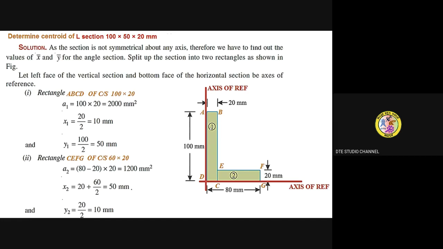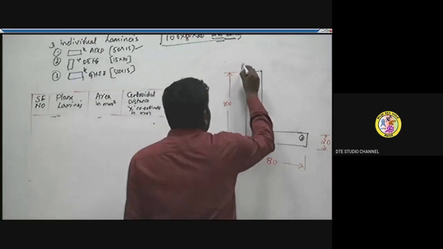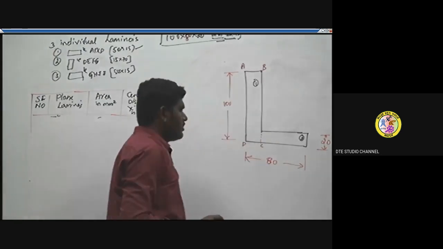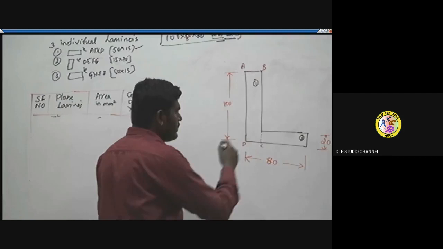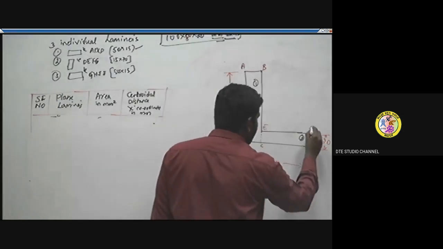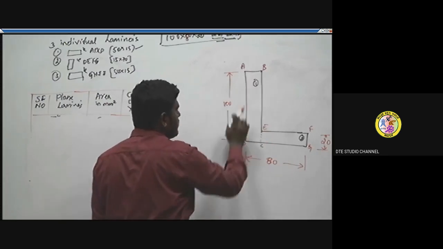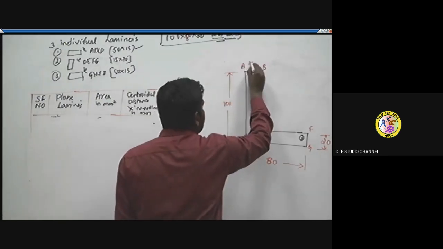Now, as we have done in previous cases, just divide this lamina into two parts, one lamina as a rectangle and another lamina also in the form of a rectangle. Name them A, B, and this part C and D. Another lamina is C, E, F, G. Consider this as one rectangle, that is 100 cross 20.